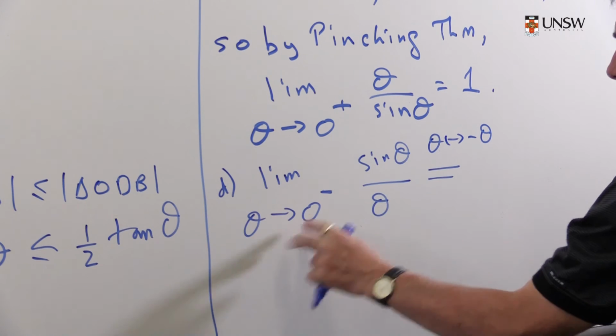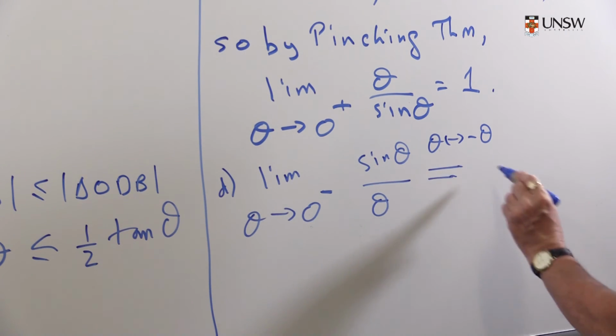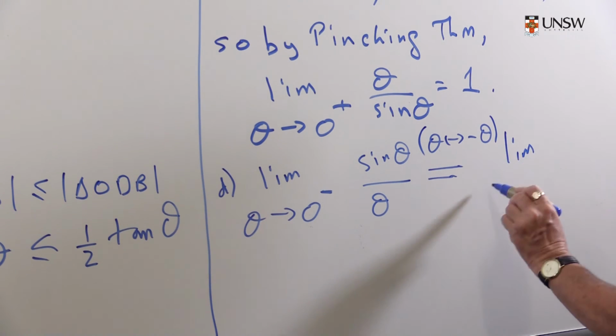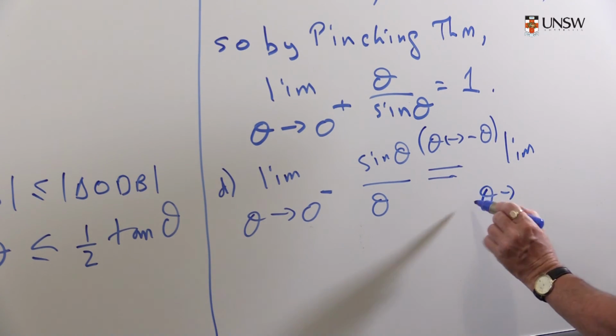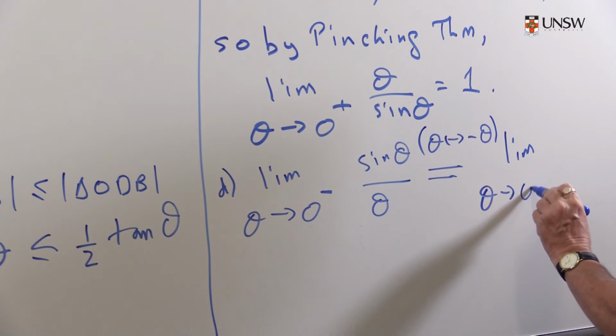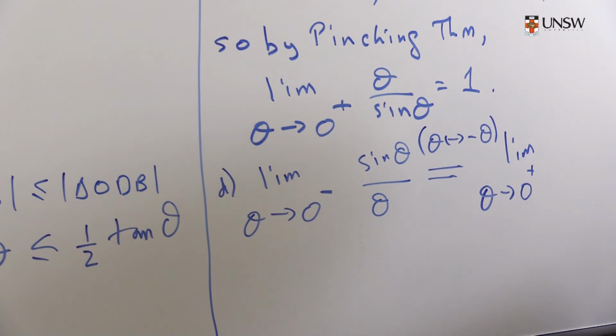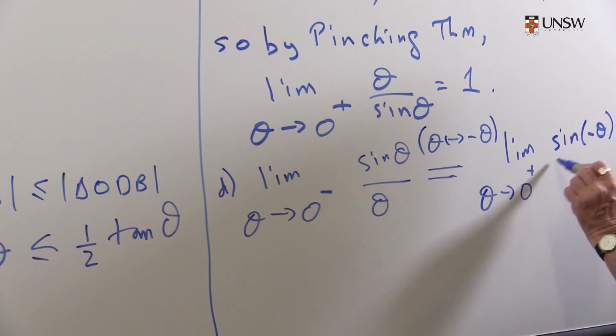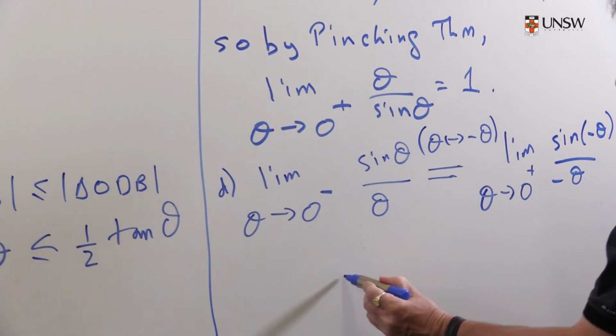So wherever I see theta in this limit, I replace it with minus theta. So that is going to give me then the limit as theta goes then to 0 from above. So rather than going from below, it goes from above because I've changed the sign of theta. This gives me sine of minus theta on minus theta.